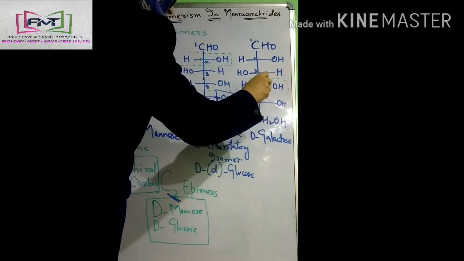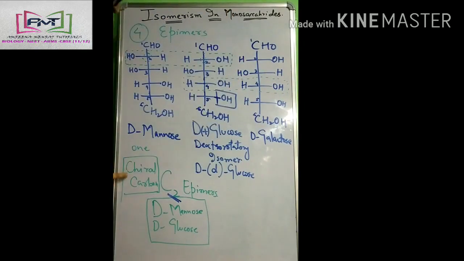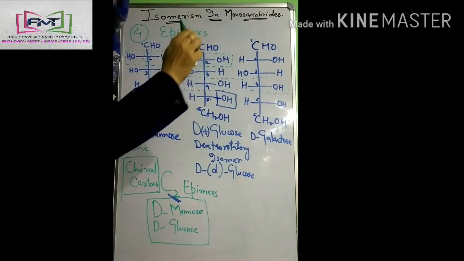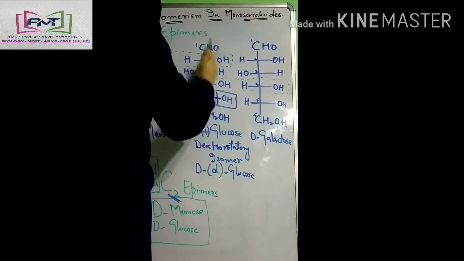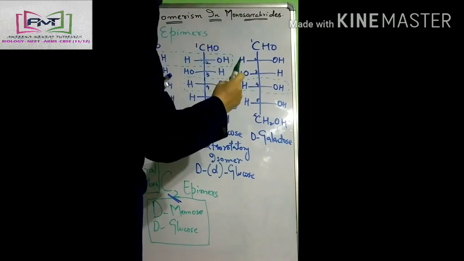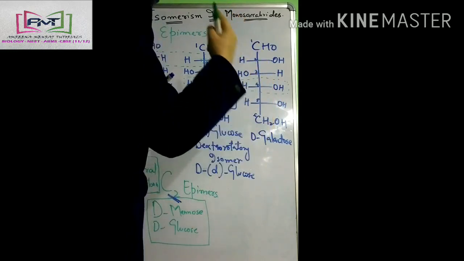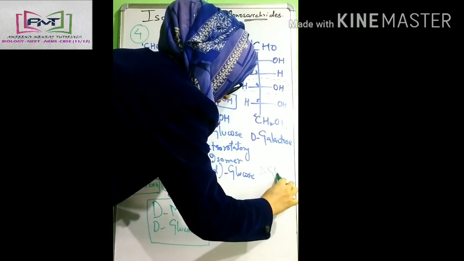One chiral carbon or more than one? They differ at one chiral carbon. That chiral carbon is carbon number 4. So they are epimers because these 2 isomers differ from each other in their arrangement around 1 chiral carbon.